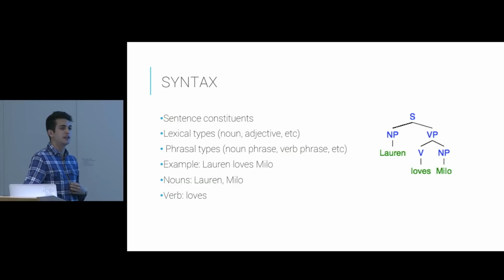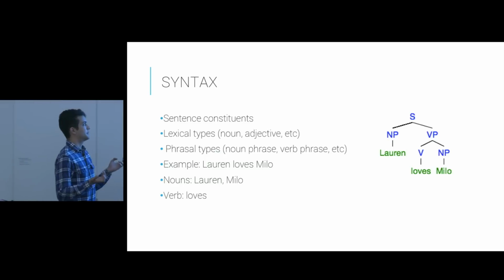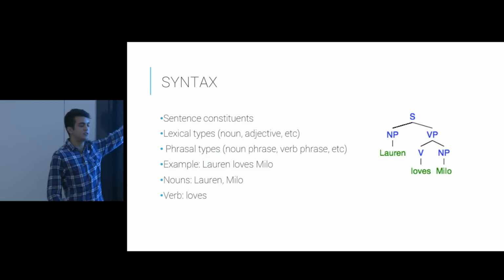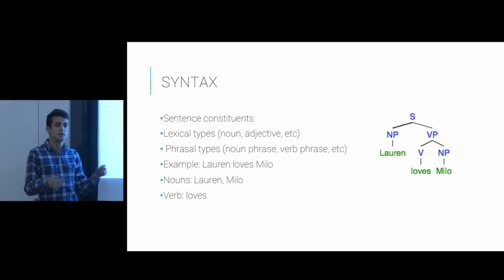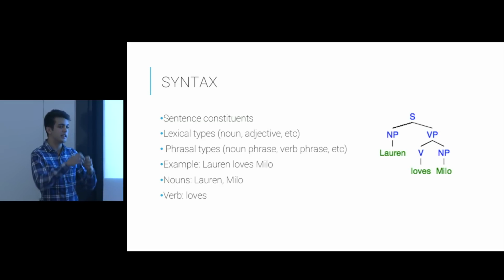Now, syntax. Syntax is being used for so many things right now: for graph search, for Siri, for pretty much any kind of natural language processing. So what are the important things about syntax? Sentences in general have what we call constituents, which are groups of words that have a function in the sentence and cannot really be pulled apart from each other.